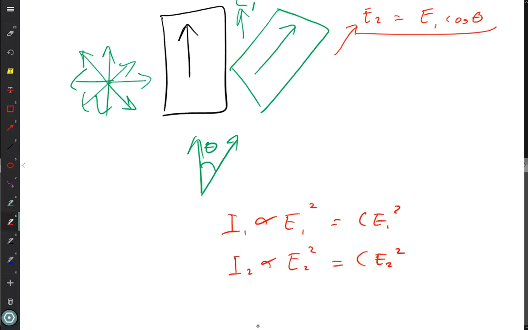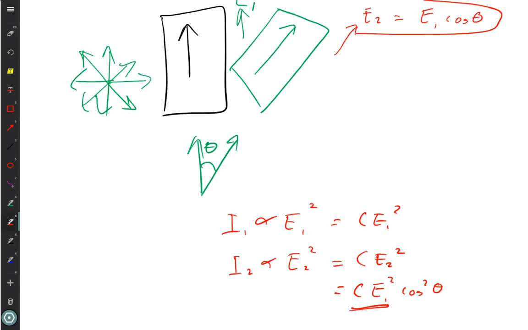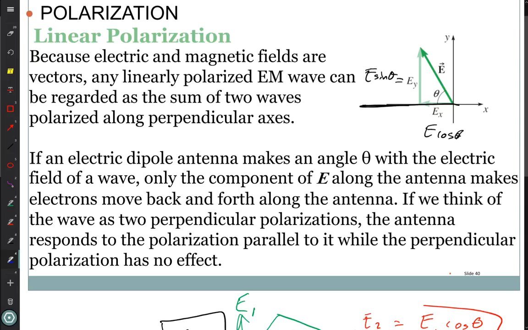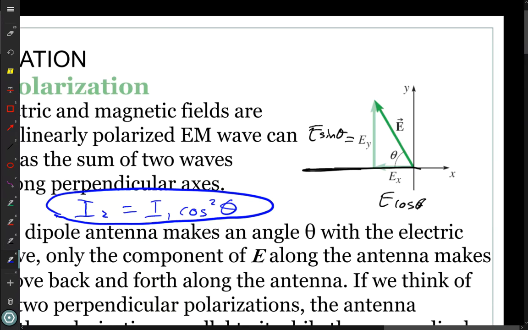But using my equation here for E2, that's equal to C times E1 squared cosine squared of theta. But what is C E1 squared? Intensity 1. So I have intensity 2, and I ran out of space, so I'm going to write it up here at the top. Intensity 2 is equal to intensity 1 times cosine squared of the angle between the two polarizers. This is what we call the law of Malus.